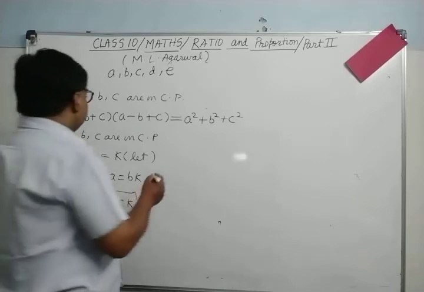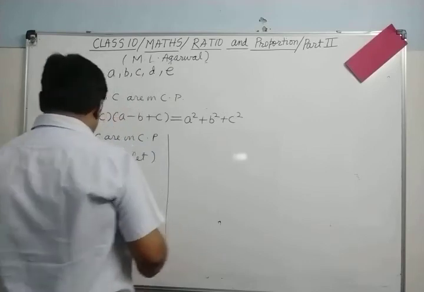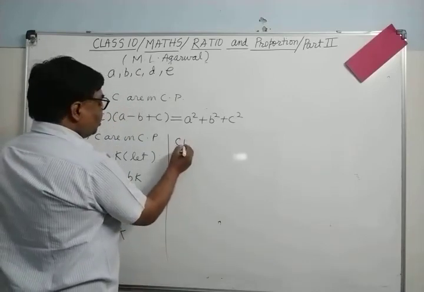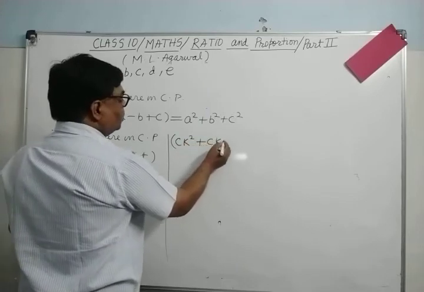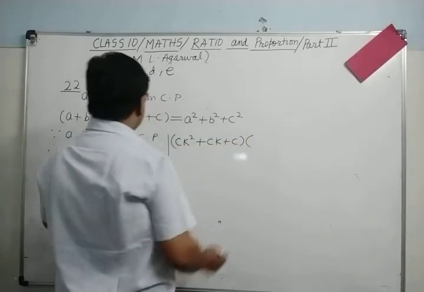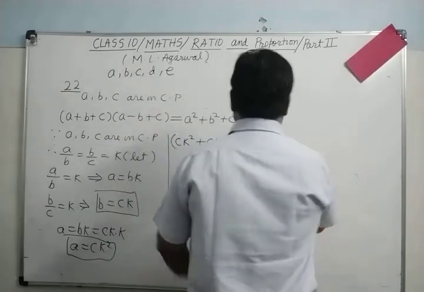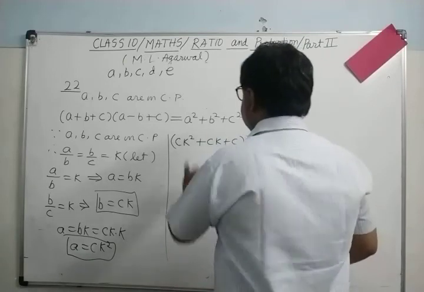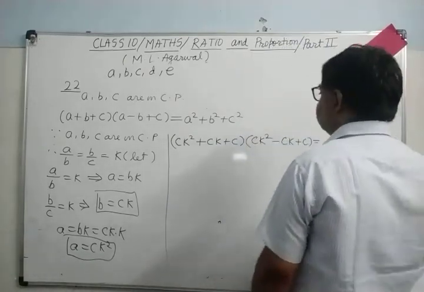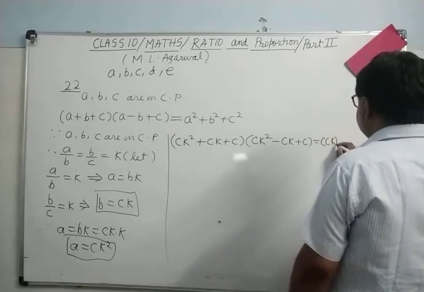So now we will make these substitutions here. When you use the substitution, in place of A what will you write? Here A equals CK square, plus B equals CK, plus C. So this will be A equals CK square minus CK plus C. This will be equal to how much?